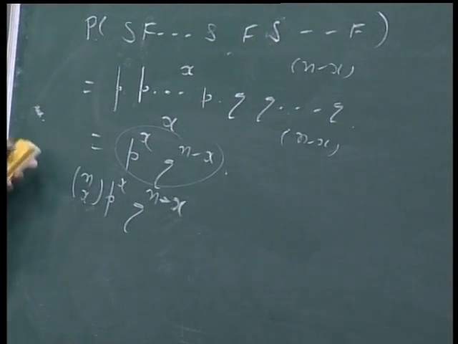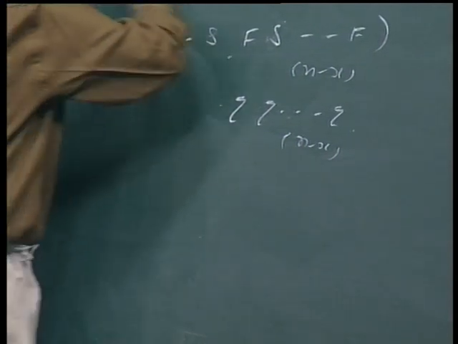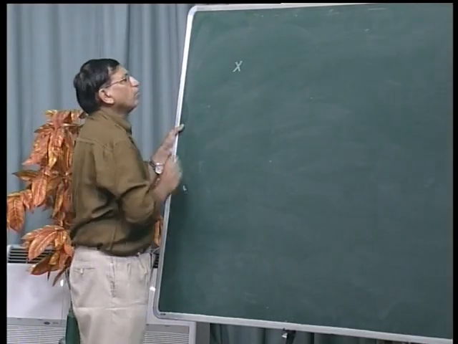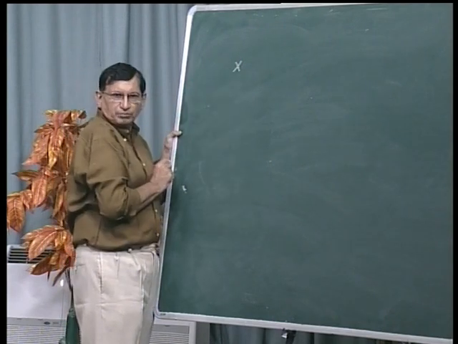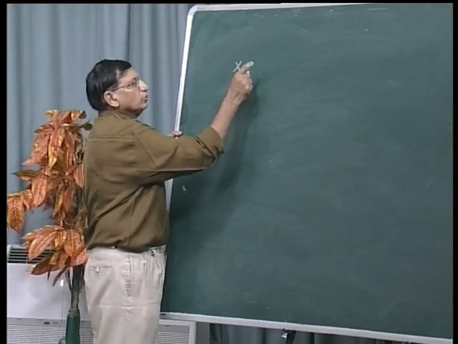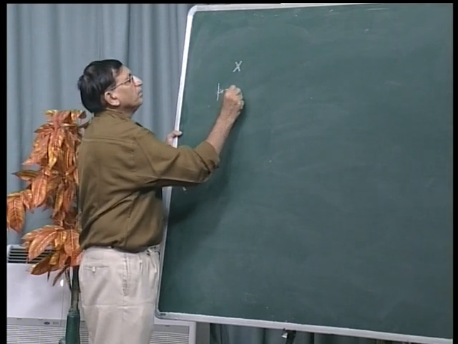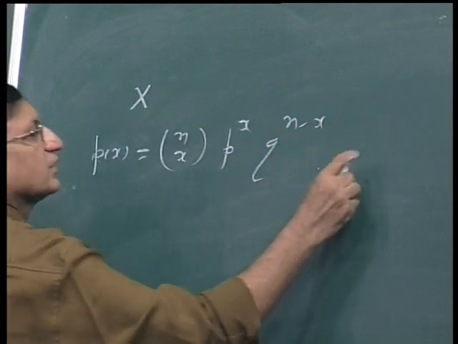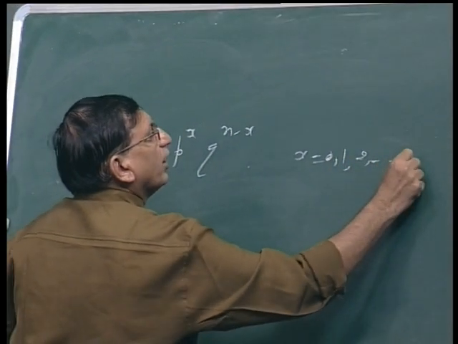So this is now considered the probability mass function of the binomial distribution. A random variable x is said to follow binomial distribution if it assumes non-negative integral values and its probability mass function is given by P(x) is equal to nCx P raised to x Q raised to n minus x, where x can take values 0 up to n.